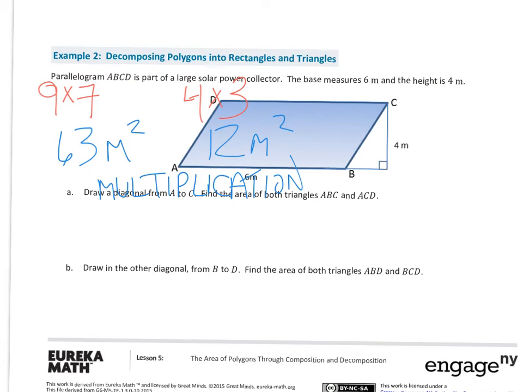So what's the difference in area? Difference, you heard subtraction. So the difference in area is 63 minus 12. Well, the difference in area is 51 meters squared. Are we sick of that number yet? So what do we notice about our answers to A, B, C, and D? They're the same!